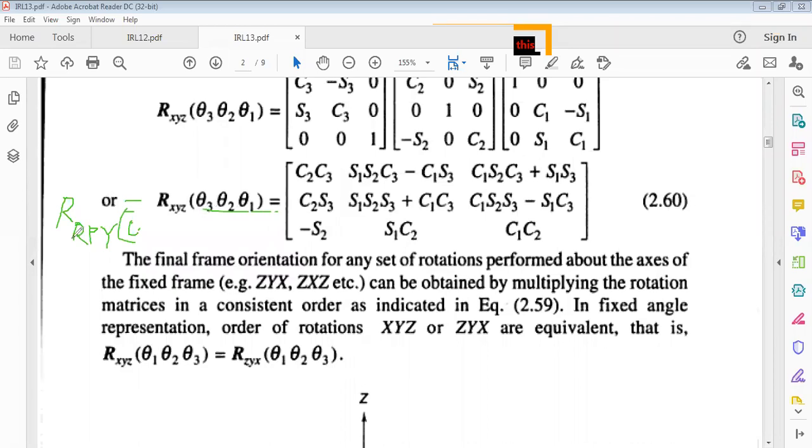So roll, pitch, yaw, about the z-axis, about the y-axis, about the x-axis.